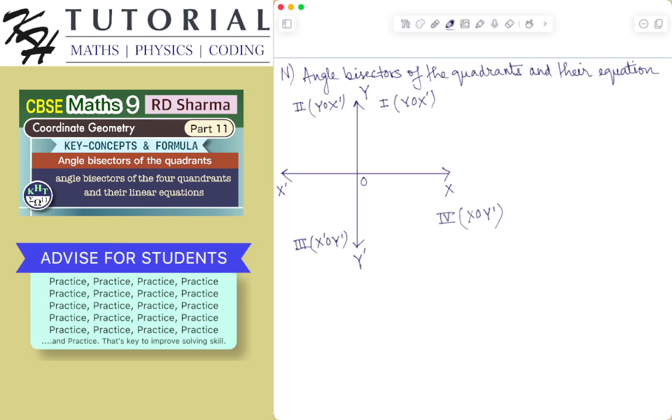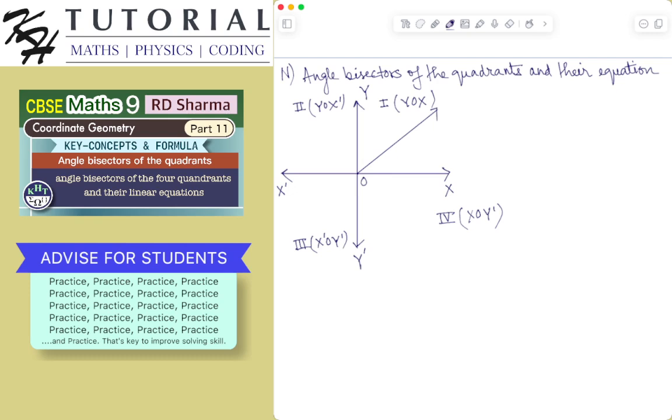Now, the angle bisector of the first quadrant will be the bisector of the angle Y O X. The first quadrant is not Y O X dash, but Y O X, which is 90 degrees. If we bisect this angle Y O X, this is the angle bisector of the first quadrant.